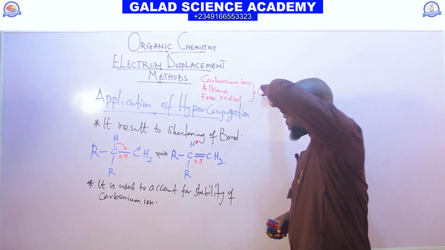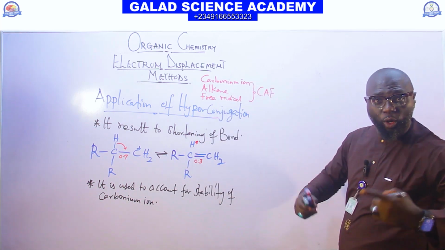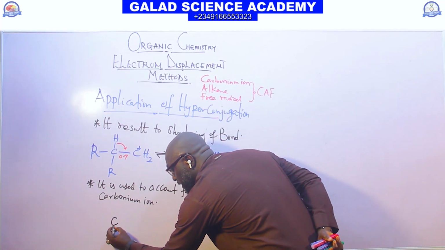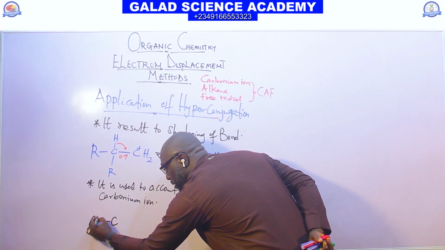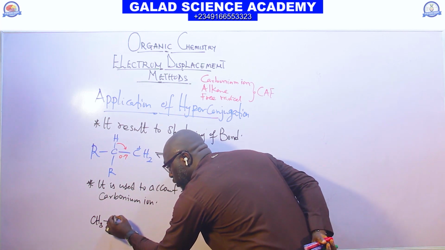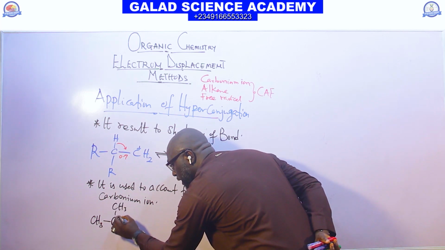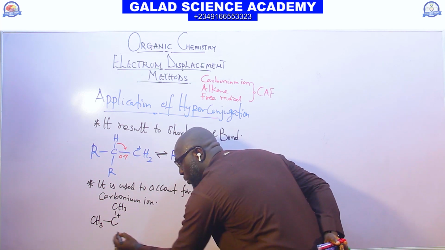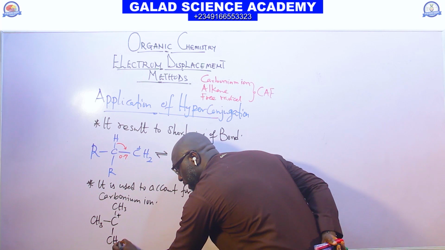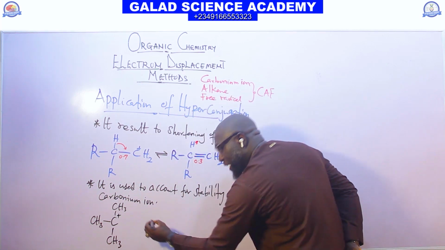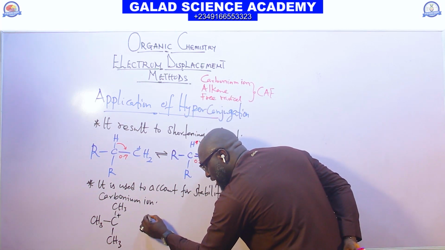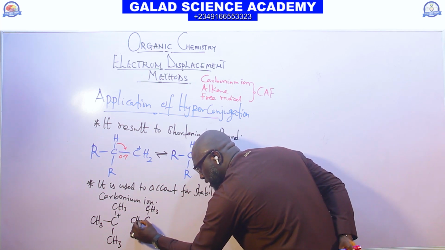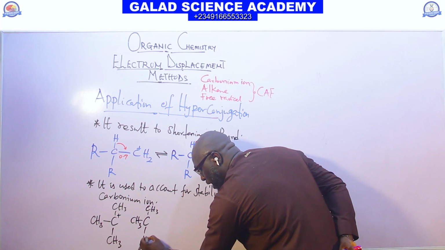What is carbonium ion? A carbon containing compound with a positive charge. Look at this compound now. CH3, this carbon carries positive here, and we have CH3, CH3. The second one, I'm having CH3, CH3, we have H here.